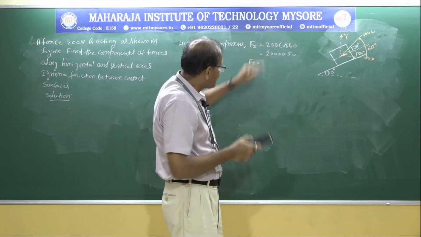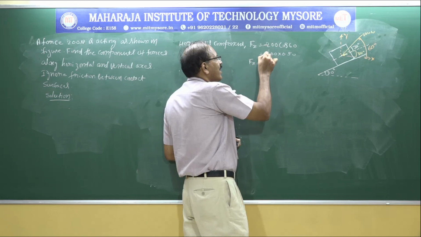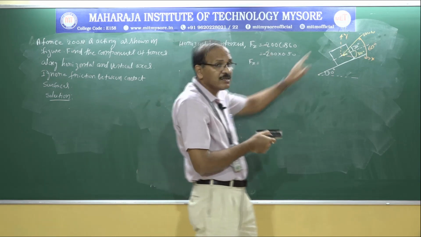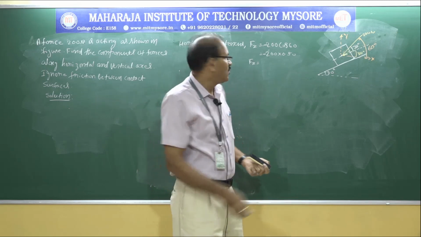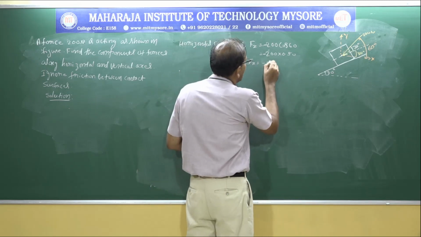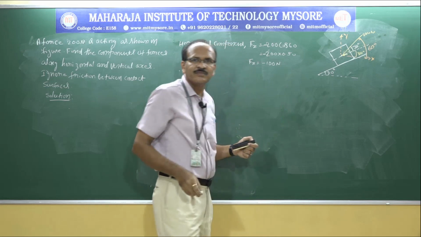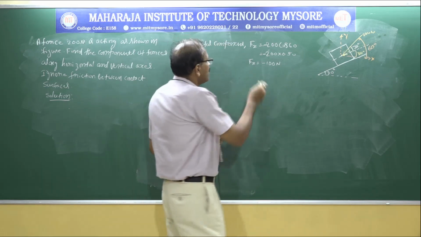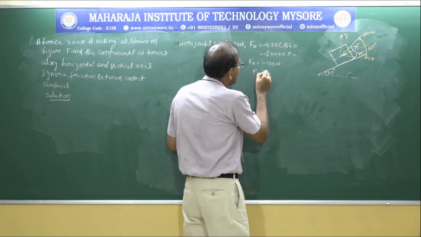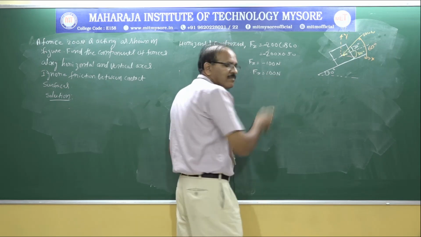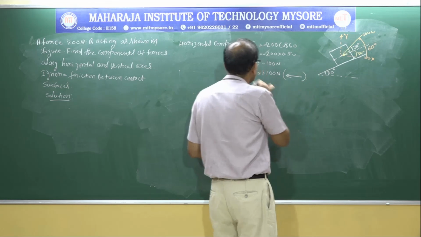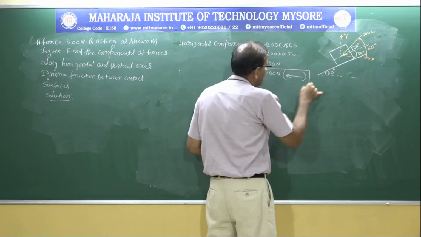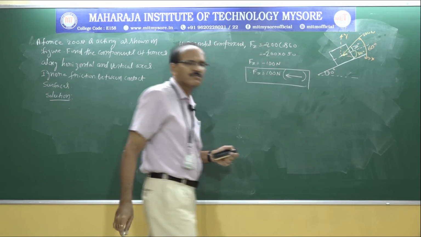And what is the sign? I am going to put a minus sign because the horizontal component of this 200 is acting to the left. So that is equal to minus 100 Newton. That means Fx equals 100 Newton, the component force acting to the left.